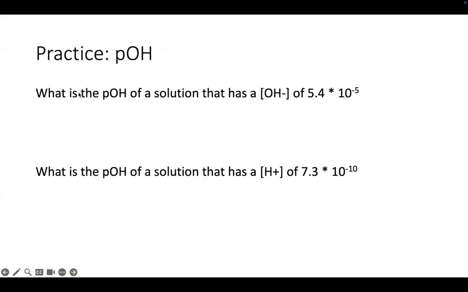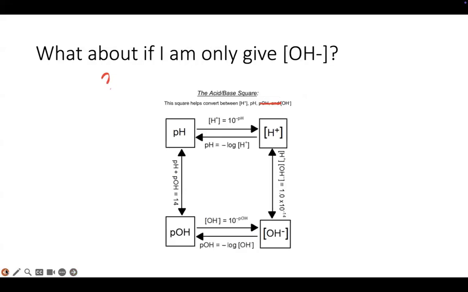All right, so here's some practice, specifically with pOH. This says, what is the pH of a solution that has this OH concentration? And it gives us this value. So we're trying to find pH and we have OH. I'm going to go back a few slides to our acid-base square. We have this and we want to get here.